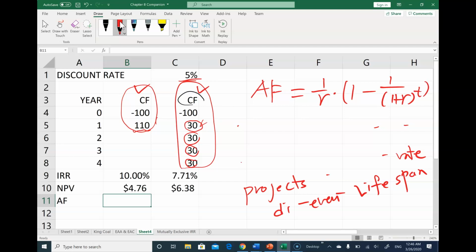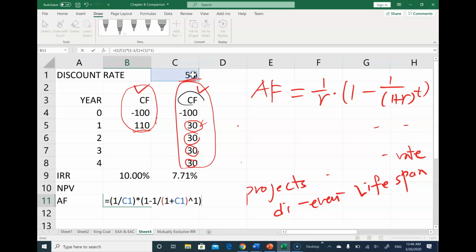So annuity factor of the 1-year project is, when the discount rate is 5%, right? 1 over 5% times 1 minus 1 over 1 plus 5% to the power of 1. Right? Okay, so that's the annuity factor.